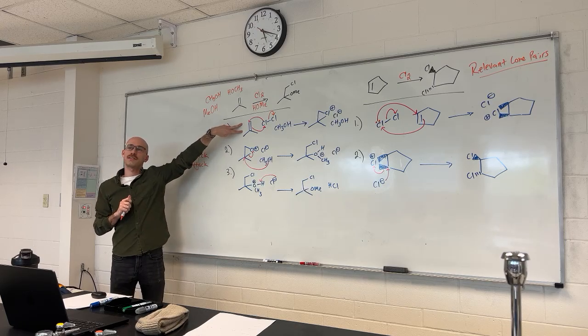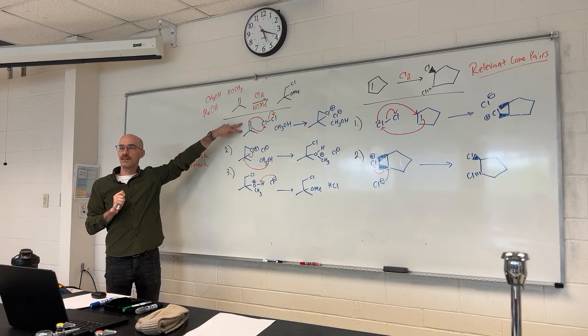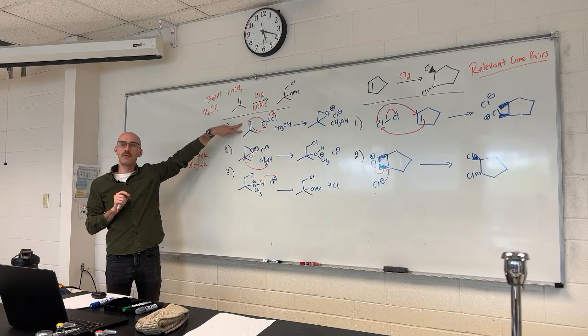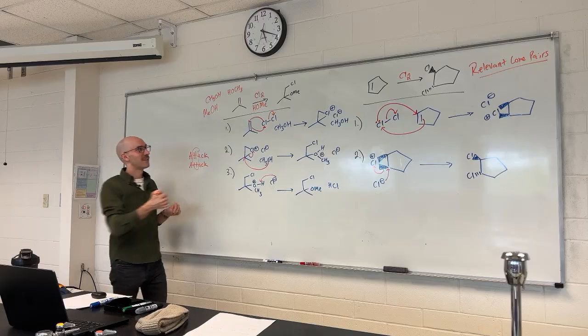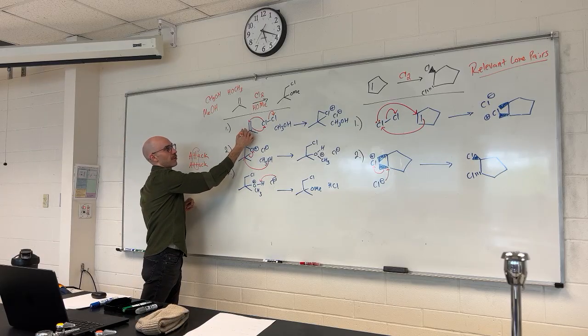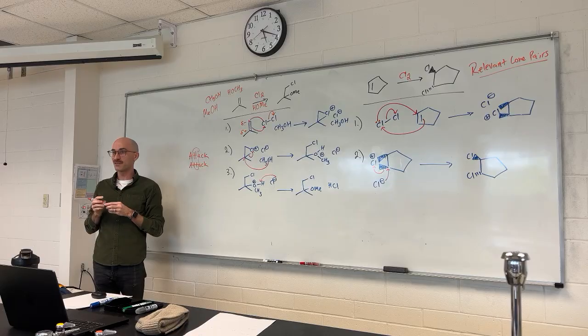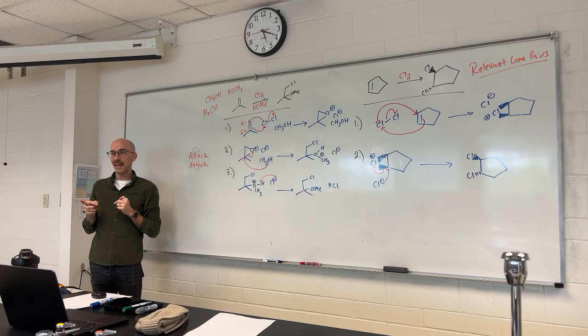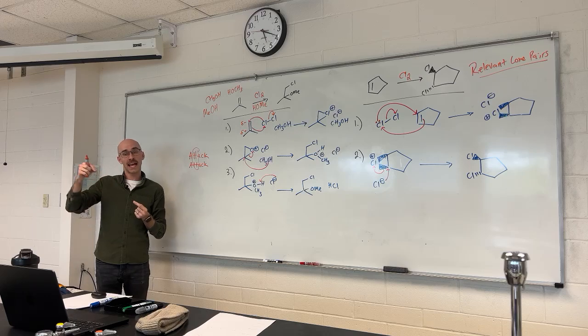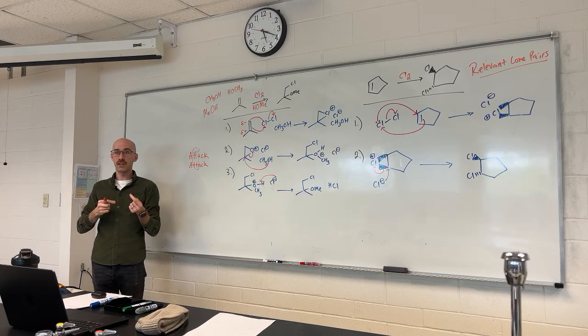What's the partial charge character? What charge is on the more substituted? Good. Because positive charges are more stable on more substituted, which means the less substituted is more negative. Perfect. So when the chlorine attacks, it makes sense that it attacks at the more substituted.